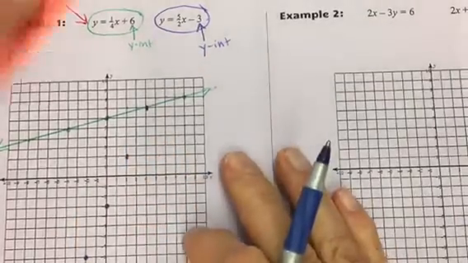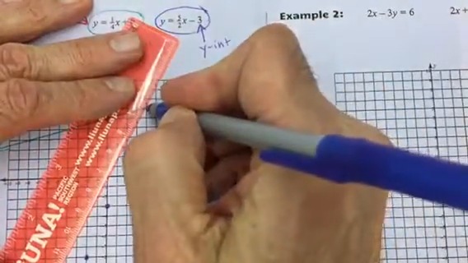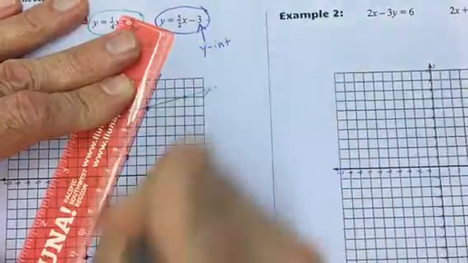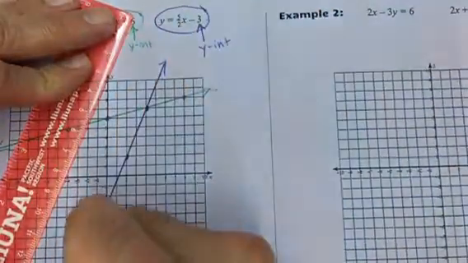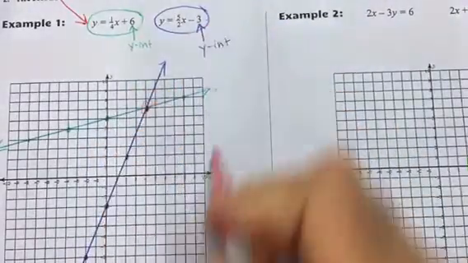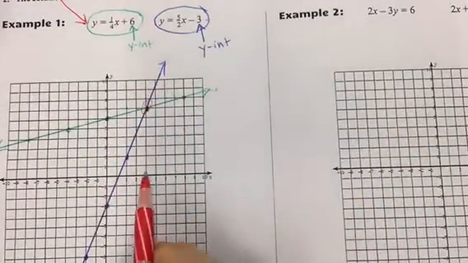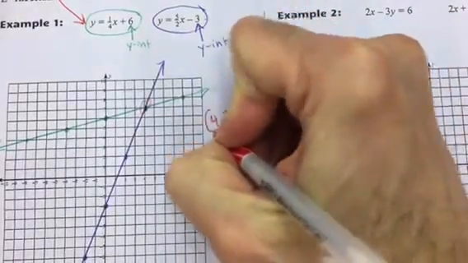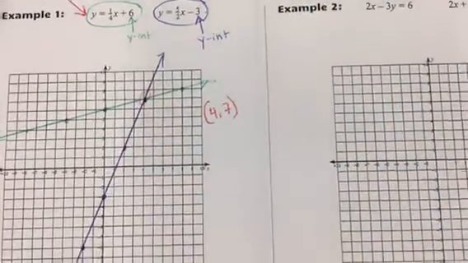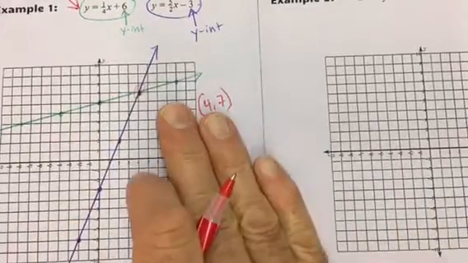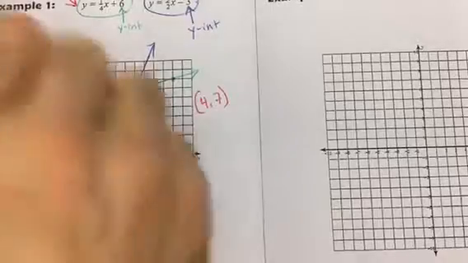Double negative will still make it positive. Okay, I've got this. Line it up. Draw your arrows. My solution is right here at 4, 7. Make sure you write down the solution. That's graphing using slope-intercept. Now, let's look at another one.